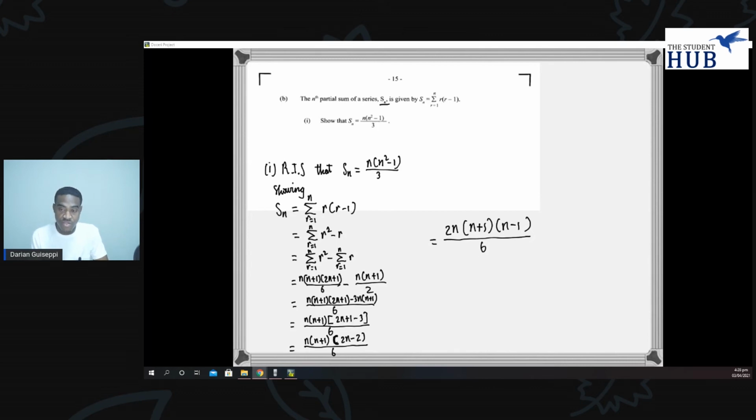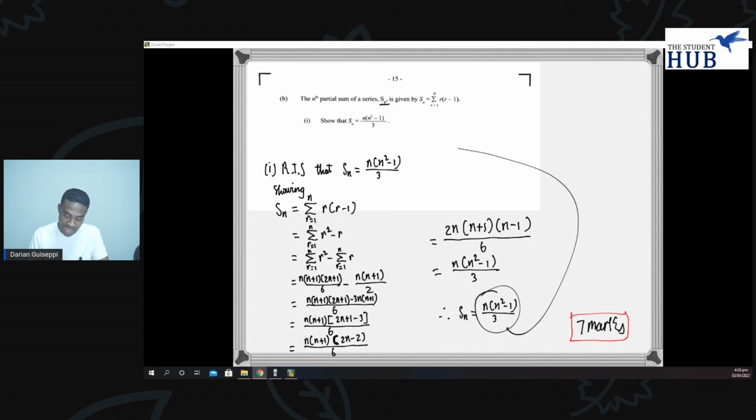That's the difference of 2 squares. So the next thing to do is convert this, from n plus 1 multiplied by n minus 1, to n squared minus 1, using the difference of 2 squares there. So this is what you have here, and it looks a lot like the answer that they asked us for.